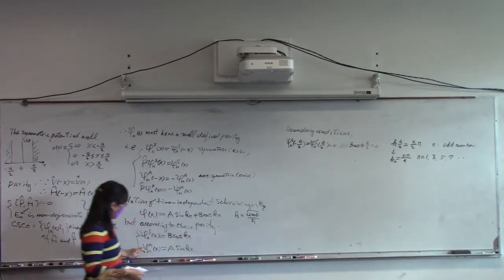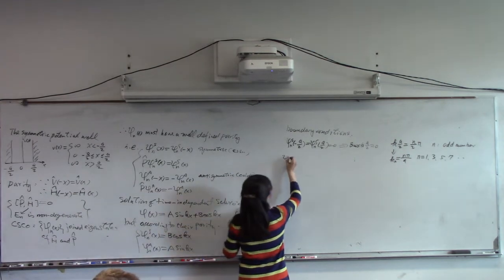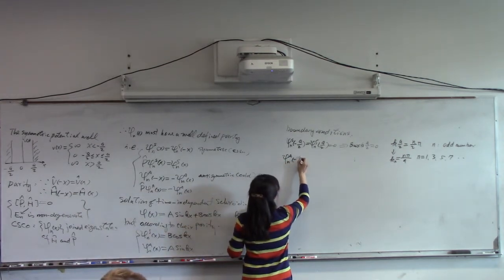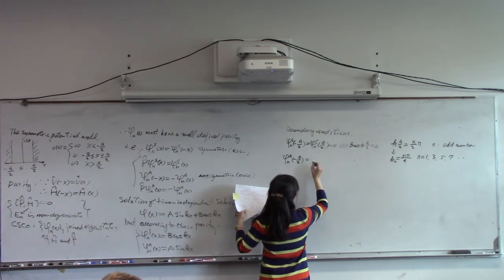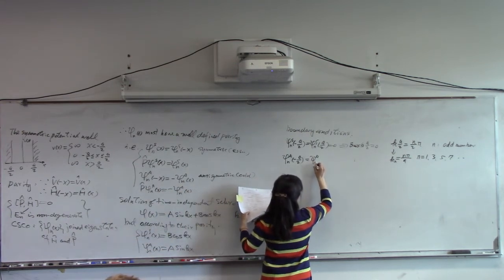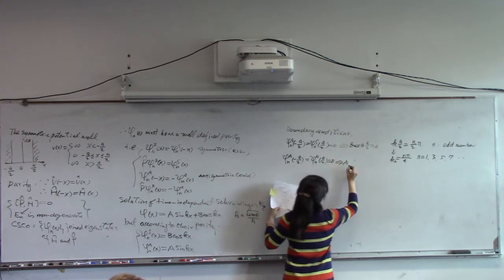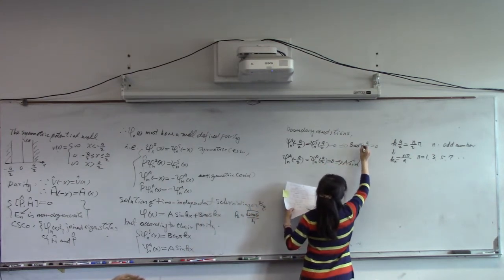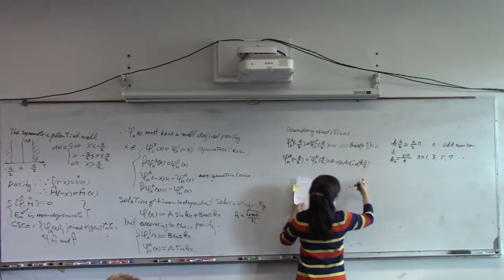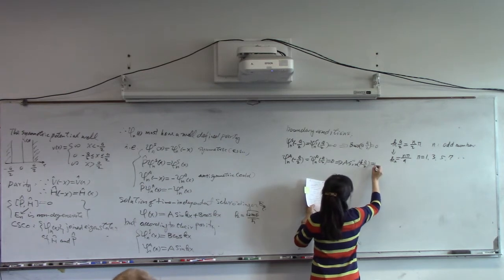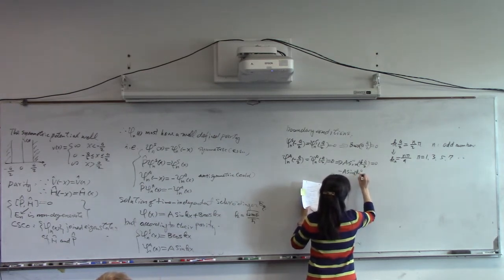Second case, the boundary conditions for the antisymmetric. We have antisymmetric psi at negative half a equal to 0, then at positive half a also 0. From here we have A sine k half a equal to 0, and another, minus A sine k half a equal to 0, right?